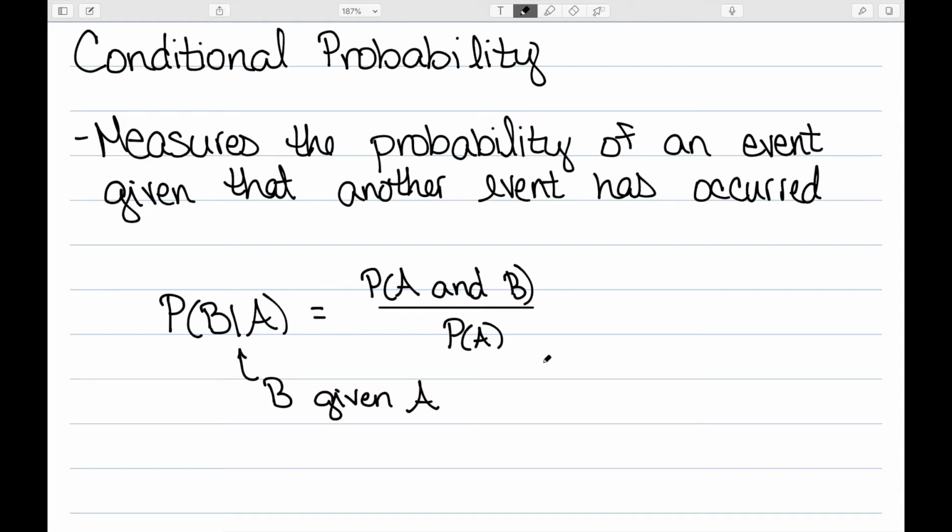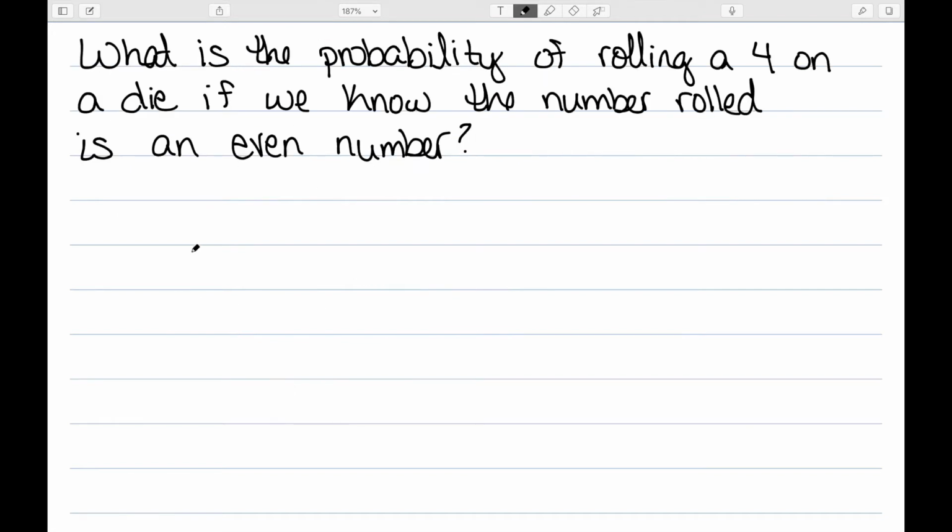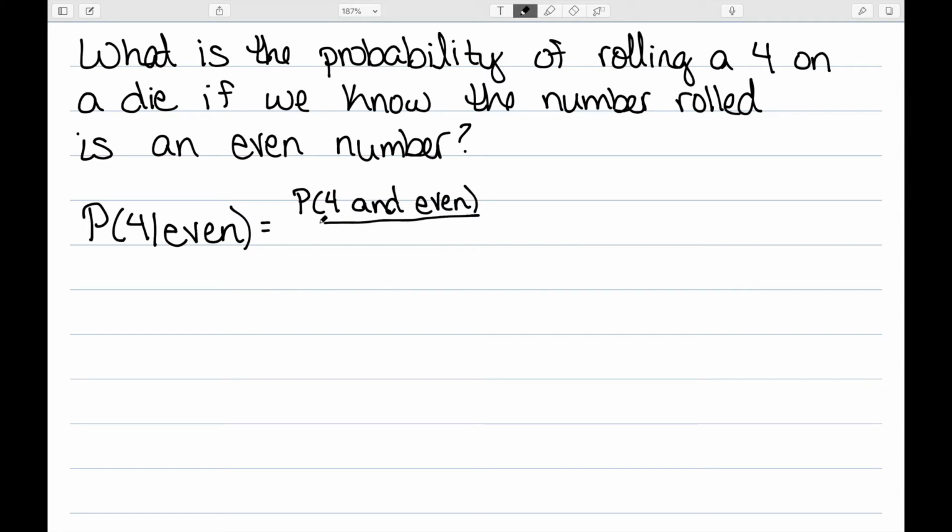Let's do some examples. What's the probability of rolling a 4 on a die if we know that the number rolled is an even number? So I'm trying to find the probability of 4 given that it is even. So the second thing is the thing that we know something about. So this is the probability of A and B, so the probability that it's both a 4 and an even, divided by the probability of the thing we know, even.